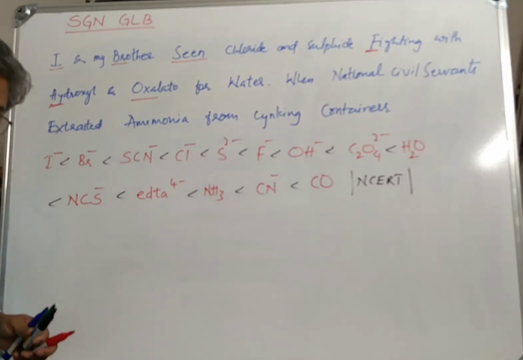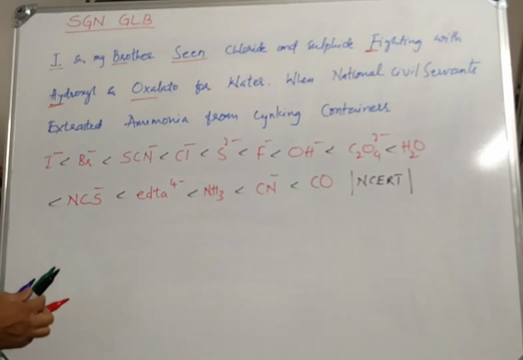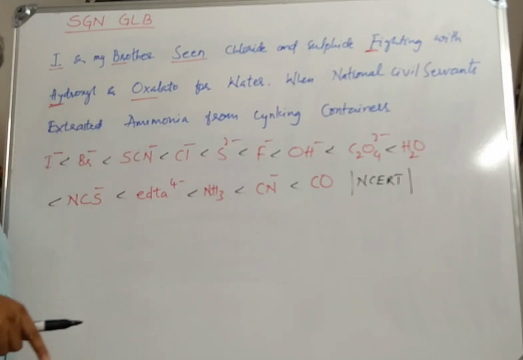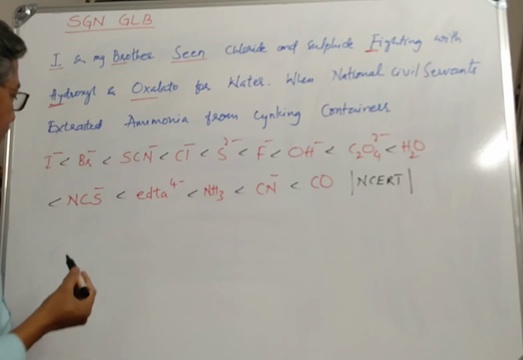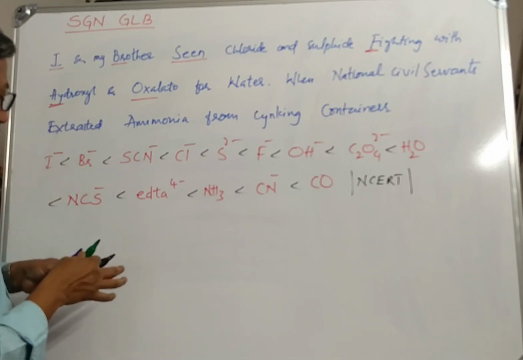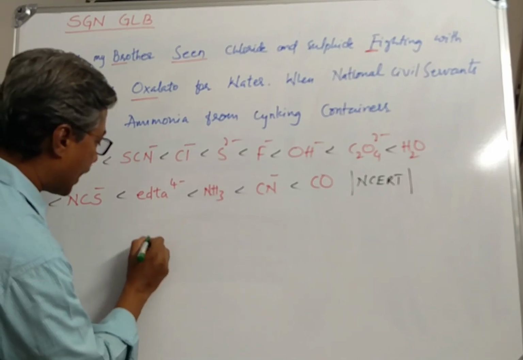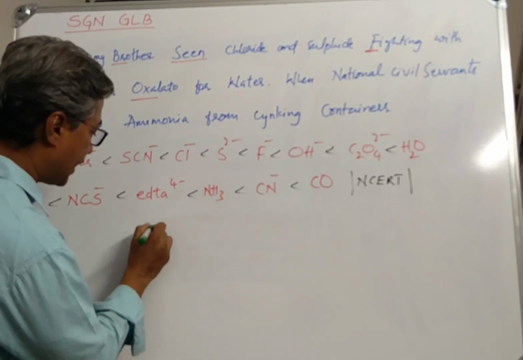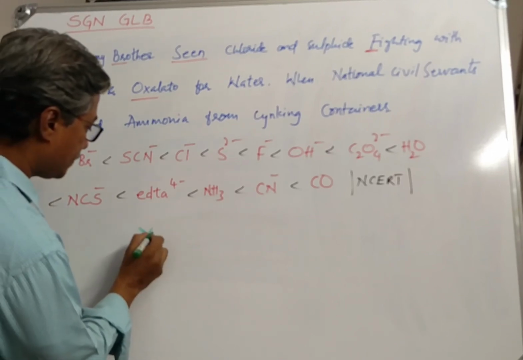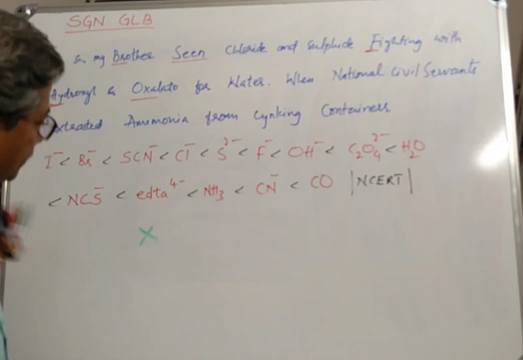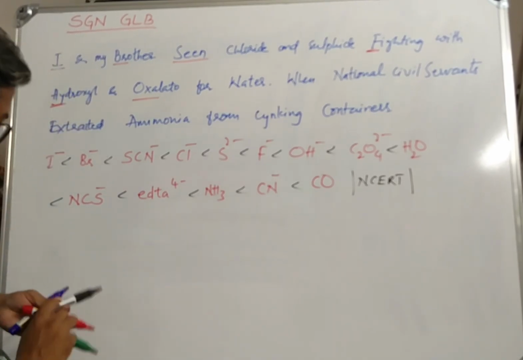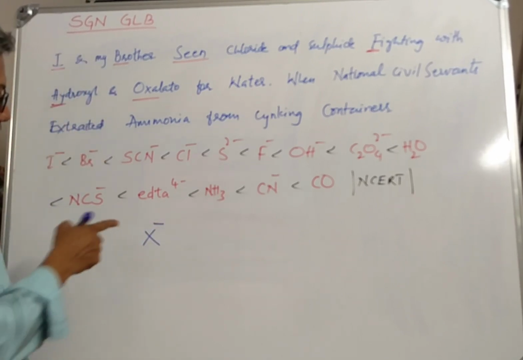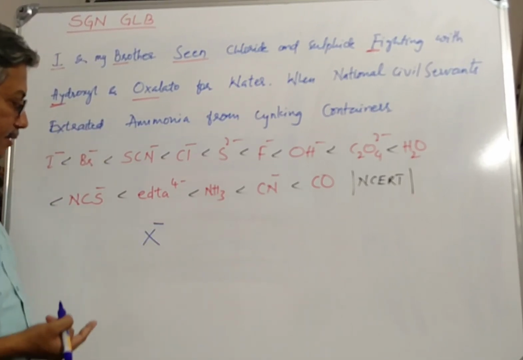But there is a small trick. How to remember strong and weak. Without looking at this, we can decide whether the participating ligand is strong or weak. Just look at this. All halides, X stands for representation of halides.